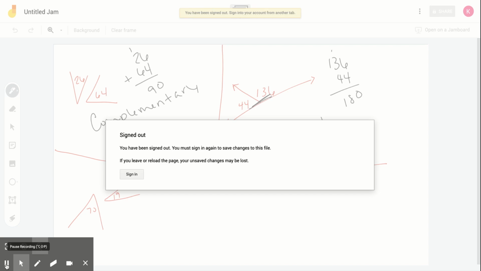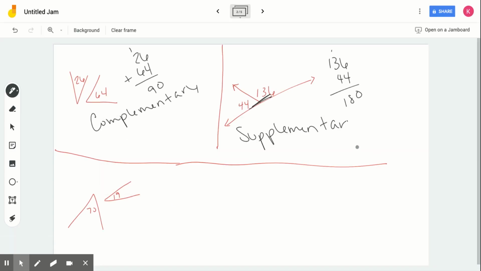Okay, it looks like we've got that taken care of here. So again, we can remember that angles are complementary when they add up to 90, and when two angles add up to 180, they are supplementary.